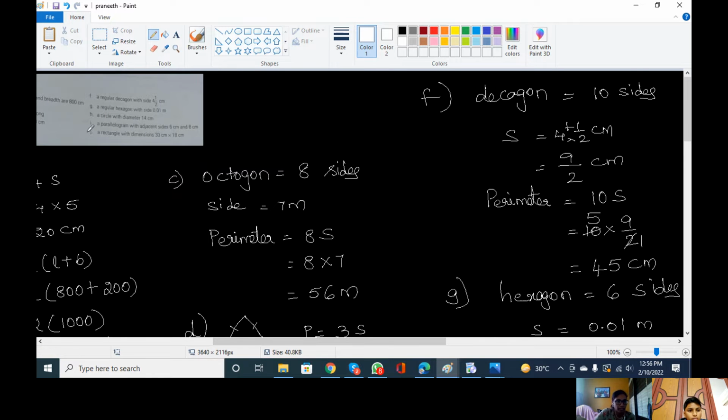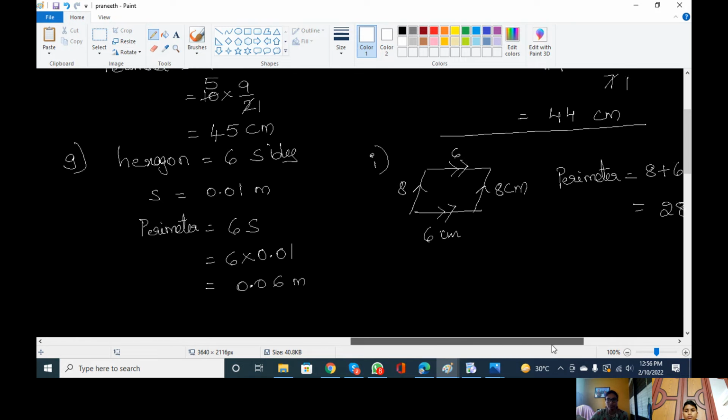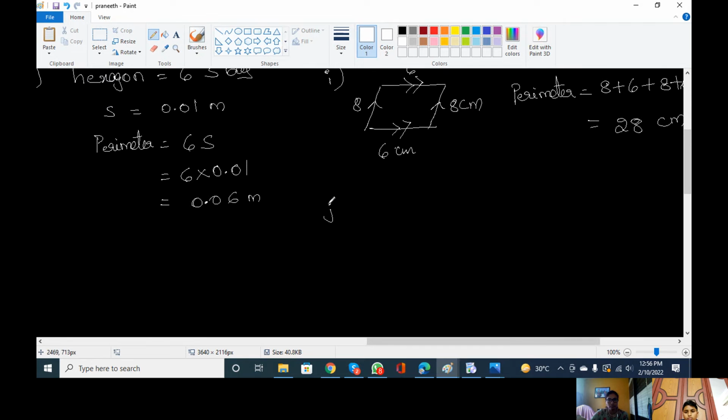I'm done. Now J, it's the last. A rectangle with dimensions 30 centimeter and 18 centimeter, 30 and 18, and it is a rectangle. What is the perimeter? So rectangle given 30 centimeter and 18 centimeter.